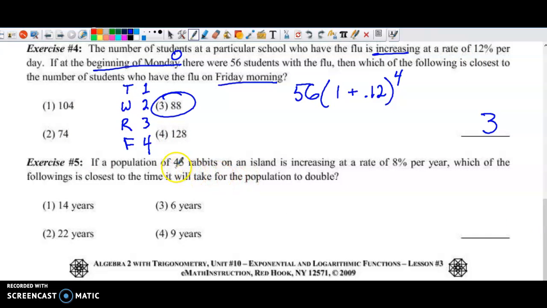And then here's another one where we have population of rabbits. There's 45 rabbits, increasing 8% per year, 0.08. And we don't know what the t is, but what we could do is set up an equation and see when it equals 90.